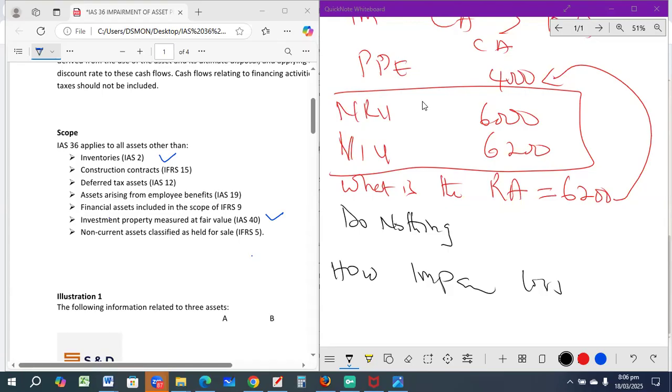When the market price of this asset reduces. It can also result from legislation. Let's say that the government of Ghana has passed a law that there shouldn't be any production of so and so goods, and that good is produced by a certain machine in your warehouse. So it can also be caused by legislation. Yes, what again?